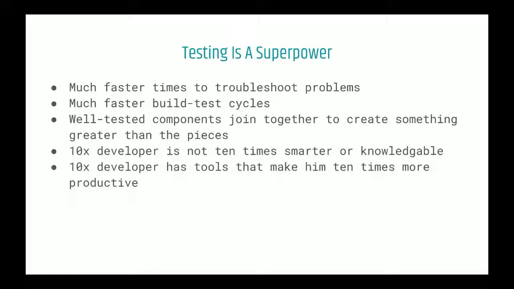So if you're not releasing bugs into production, you're saving all that time that you're not spending working on weird prod support problems. If you're having much faster build test cycles, you save that time around doing deployments. So you can write more code, you can have that code tested faster, really just be far, far more productive. And so it really is like a superpower.